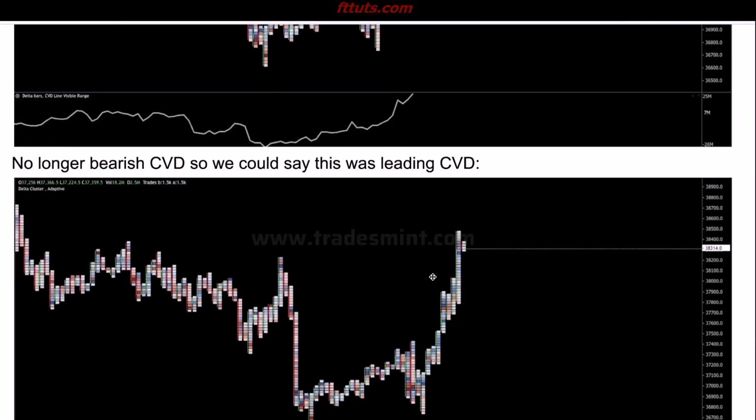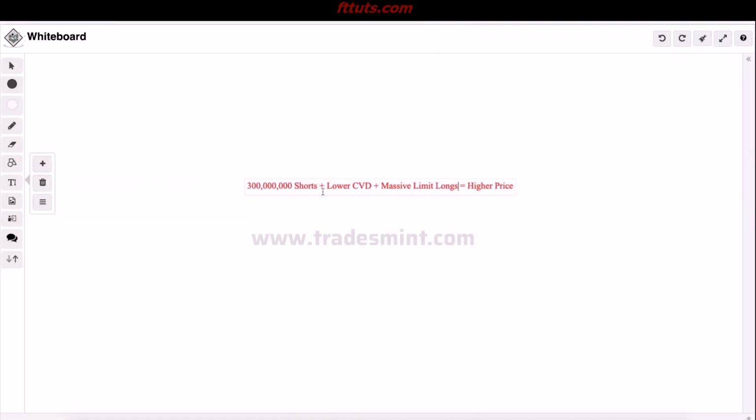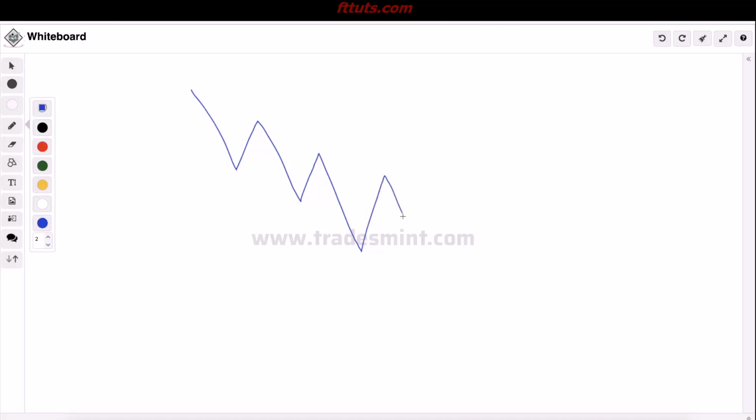The first way is a market structure change. Okay, this is very, very important. We won't know if the divergence is official until, let's say we're in a downtrend, like this, like this, like this. We won't know if that CVD is official until we have a market structure change.